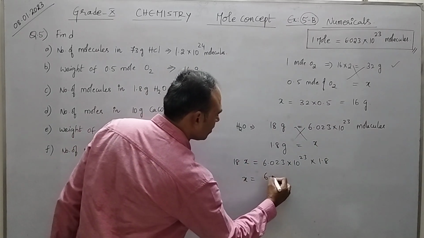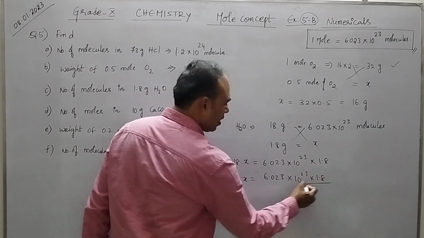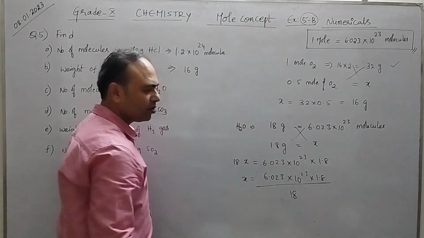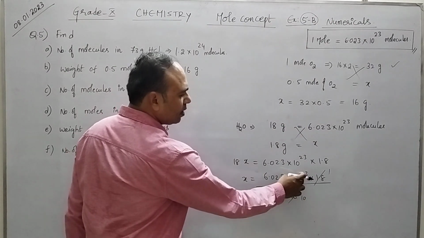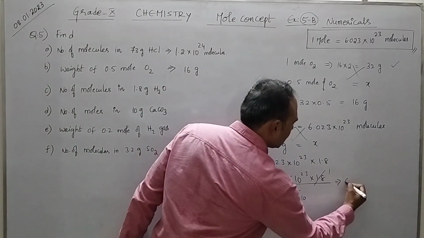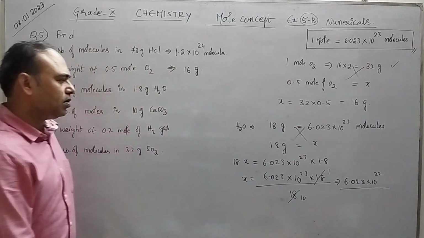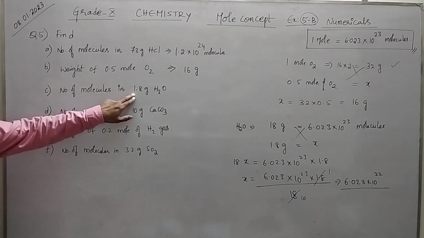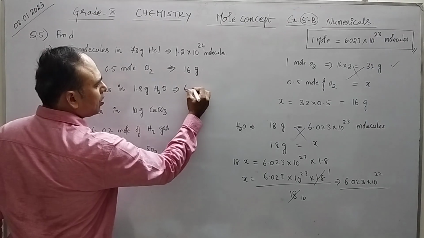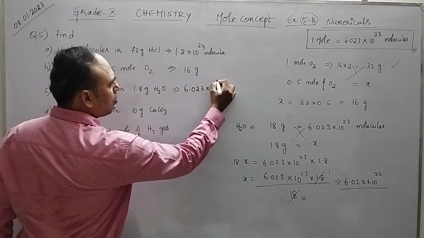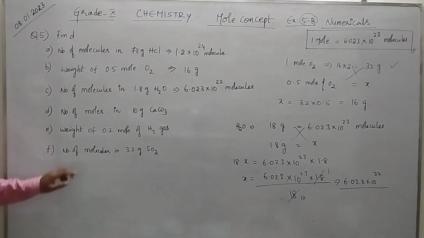Now what is X? X is 6.023 into 10 to the power of 23 into 1.8 divided by 18. So 1.8 is one tenth of 18, so finally you get 6.023 into 10 to the power of 22 molecules. Hope you have understood this. 18 grams is Avogadro number, and 1.8 grams is one tenth, 6.023 into 10 to the power of 22 molecules. Very simple.